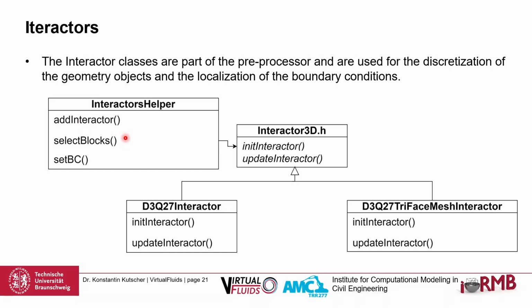That means the interactor looks for which blocks are inside the geometry and which are outside. A block inside the geometry should be solid, and outside should be fluid, for example if we want to simulate flow over an object.